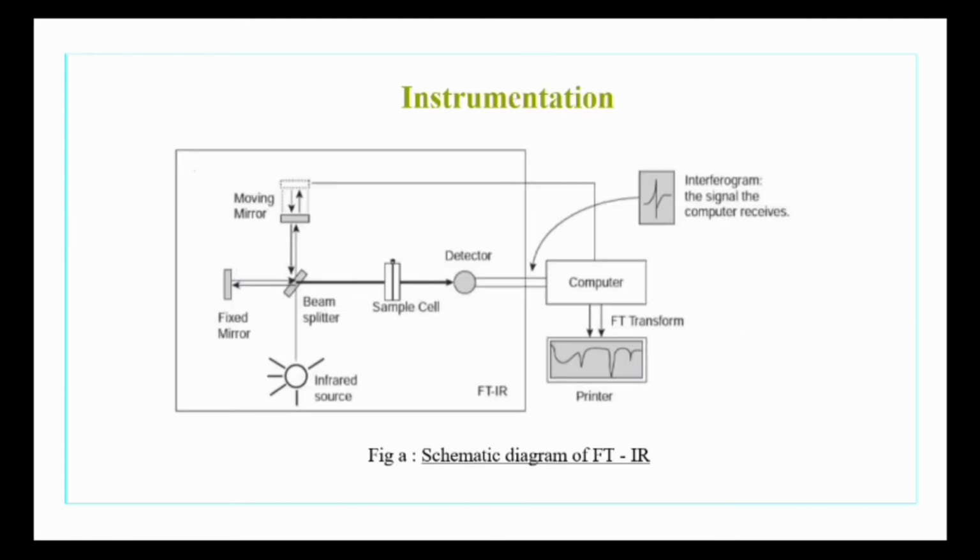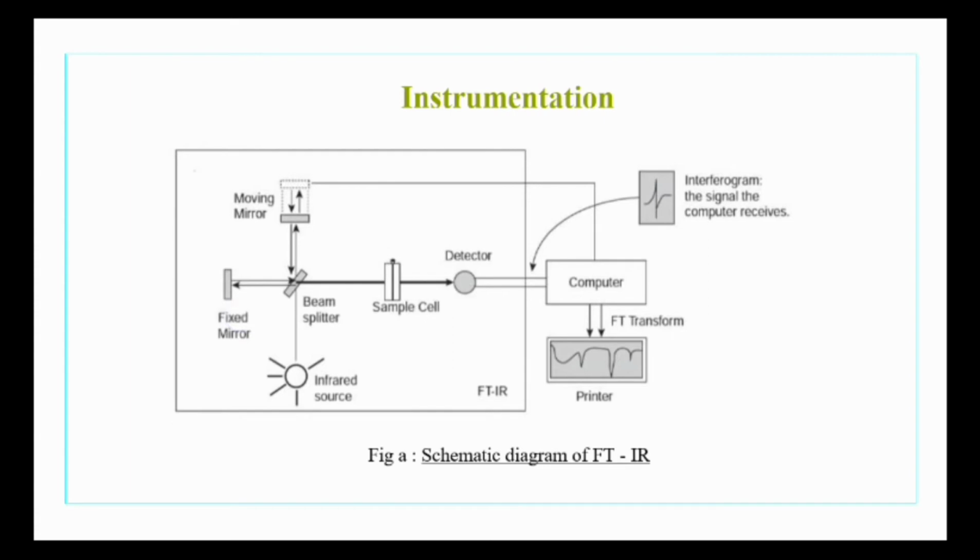In this instrumentation you can see here a mirror placed at a 45-degree angle to the incoming radiation. Here is the infrared source, and the fixed mirror is placed at a 45-degree angle to it.